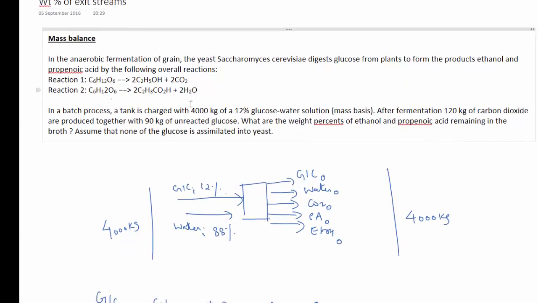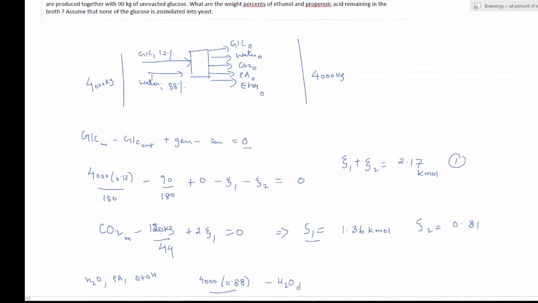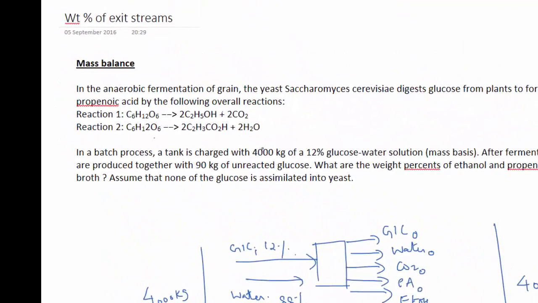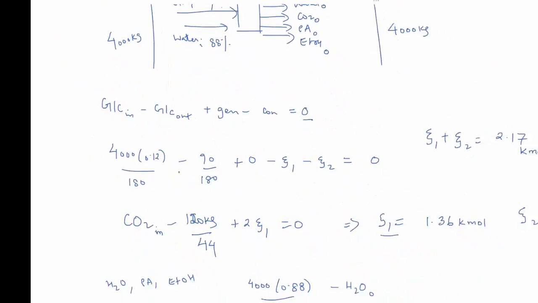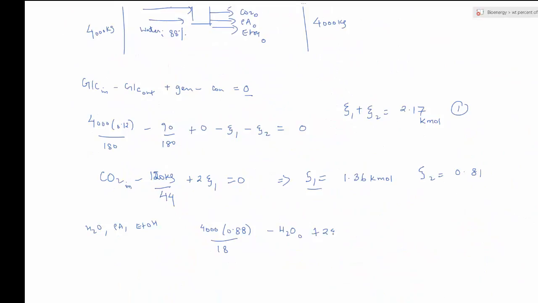Nothing is being consumed, and the second reaction, ξ2 moles react, and I can see here that 2 times ξ2 moles of water would have been formed. So plus 2 times ξ2, there's nothing has been consumed, has to be equal to 0. So from which, plugging in the value of ξ2, we would get the water out. We've got the water coming out. So we know the carbon dioxide. We only have to know the mass of propionic acid, which is coming out.